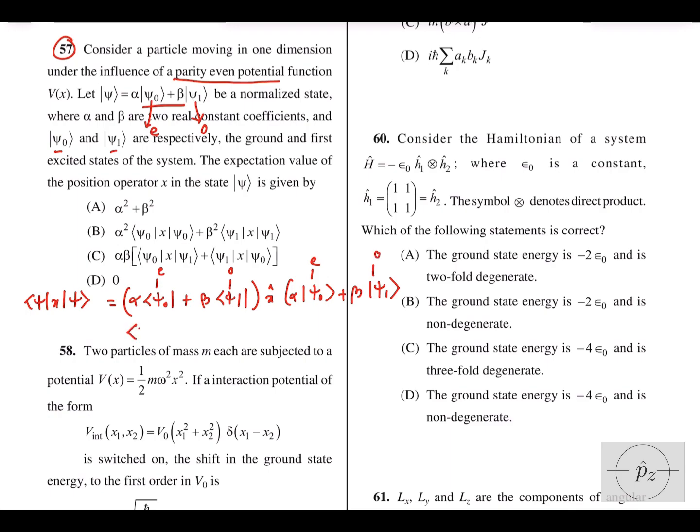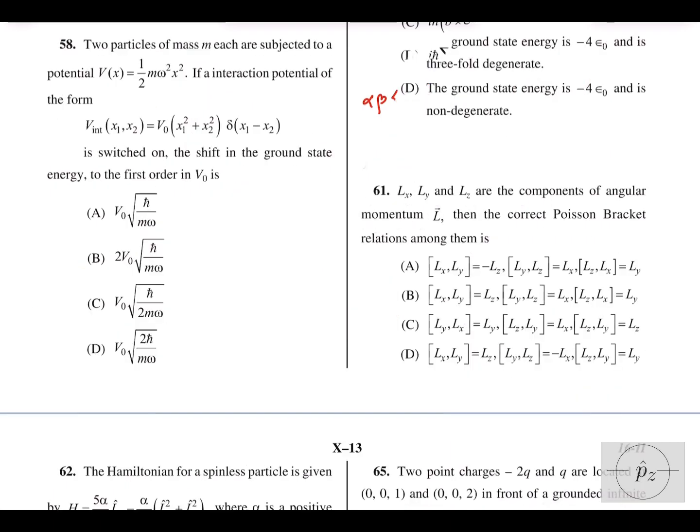So a term like psi 0 x psi 0 would be 0 because this is an odd function. Let us figure out the remaining terms, which is alpha beta psi 0 x psi 1 plus alpha beta psi 1 x psi 0. So option C is the correct answer.